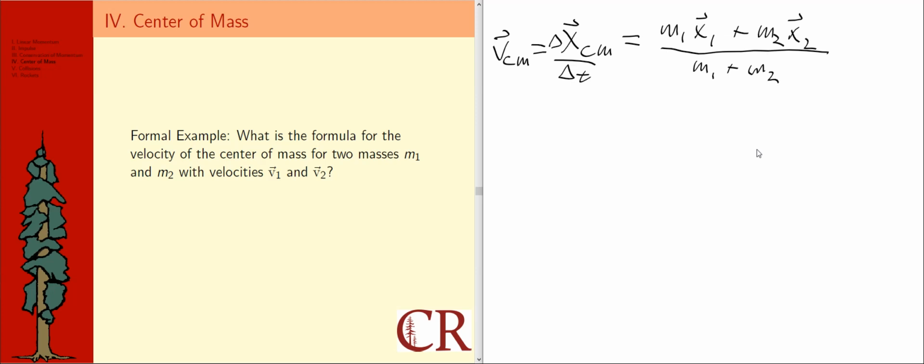This is totally cheating what I'm doing here, but maybe it's okay. What we're thinking about doing is taking the change of this expression and dividing that whole thing by delta t. To really show all the algebra is something I personally don't want to do in the space that I have here.